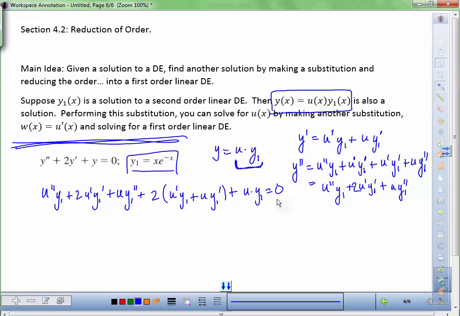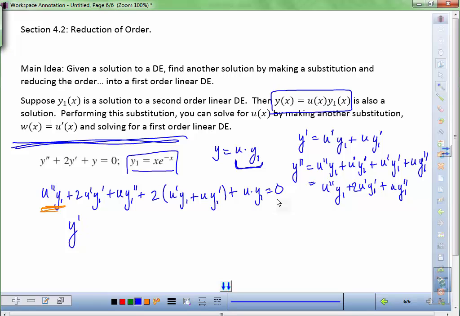Since now I got rid of the y's, I have y1, but I know what that is, and I can work that out. But I have u as my new function that I'm solving for. So I'm going to collect all the u's together. I'll take the u double prime times y1.